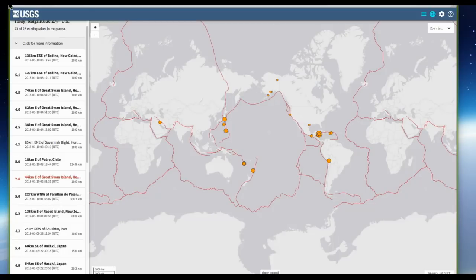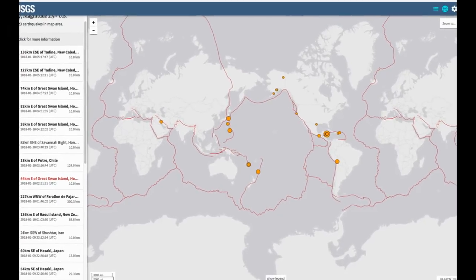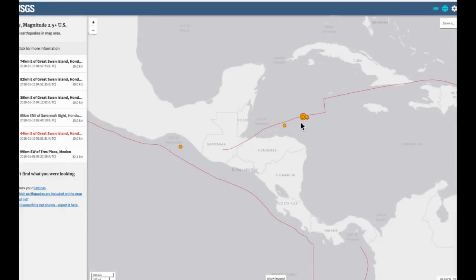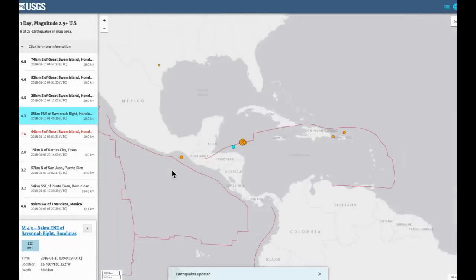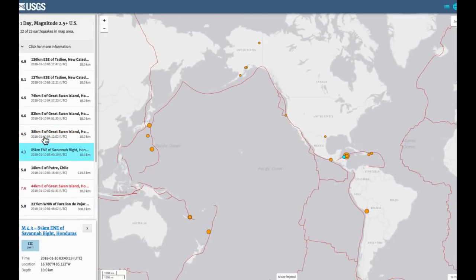You should be able to see it there now, I think. This is just the U.S. Geological Service, and you can see when I zero in, it's in the Honduras area, in this Gulf of Honduras, and the big one was there, the 7.6, and there was a series of other earthquakes that seemed to follow that.